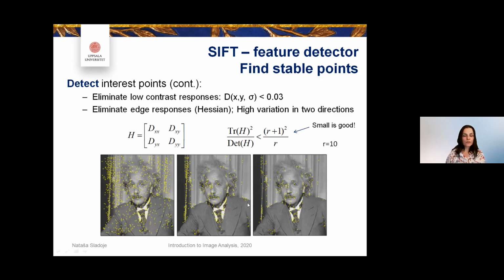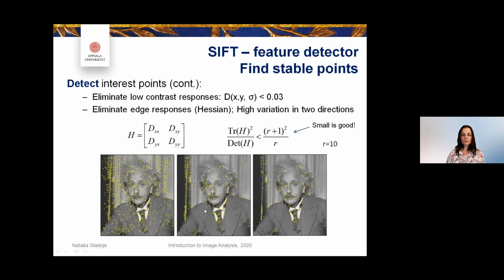And here we have an example which just shows how the number of the detected points is reduced by filtering out those that are not strong enough, not suitable enough. So after scale space analysis, we have a bunch of points detected.